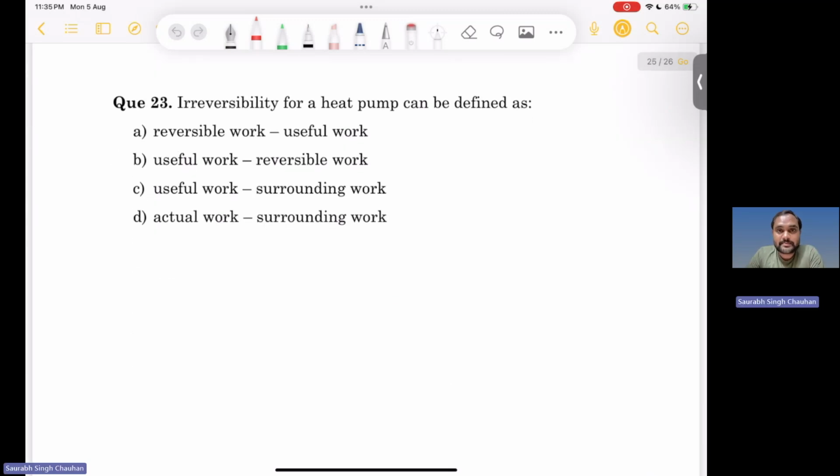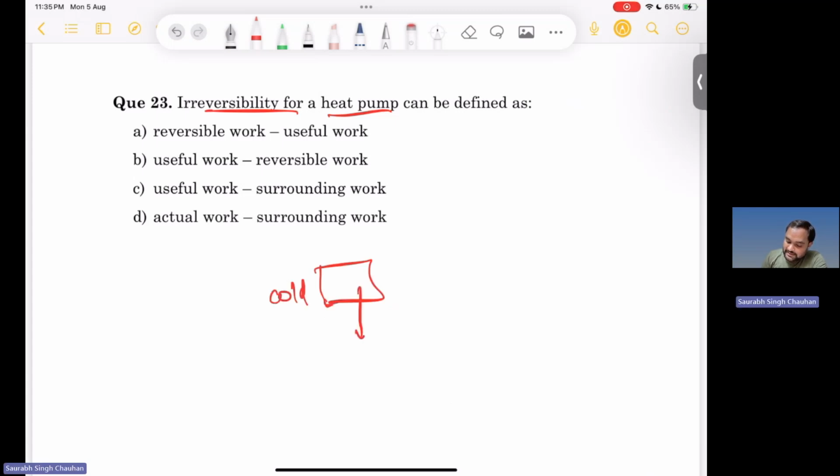Question number 23. It says that irreversibility for a heat pump can be defined as... What is a heat pump? What does a heat pump do? A heat pump actually takes some heat from a colder environment, and it rejects heat to a hotter environment, and obviously with the help of some external work. So let us say this is a cold environment.